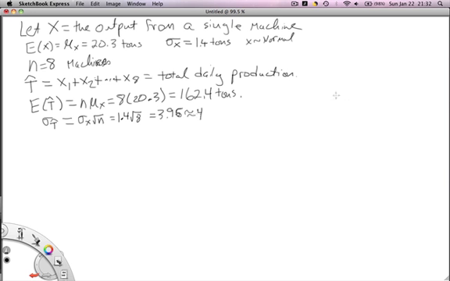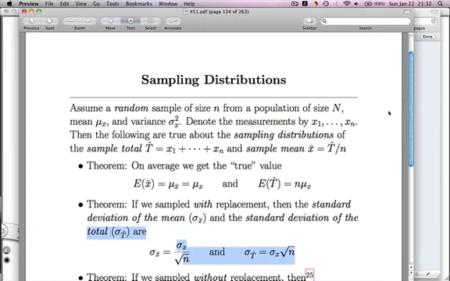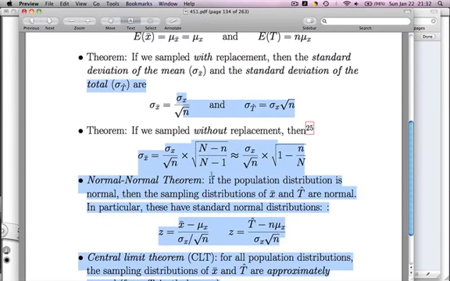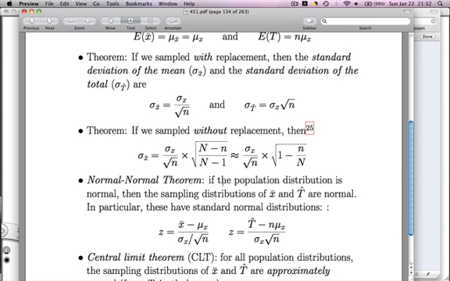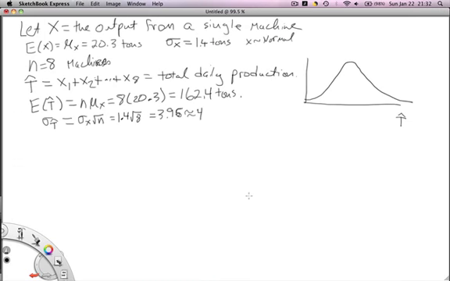And then let's think about the interpretation. So the distribution of the total is going to be approximately normal. How do I know that? Well, I know that from the normal theorem. So the normal theorem says if the population is normal, which it is, then the sampling distributions of both x bar and t hat will also be normal.